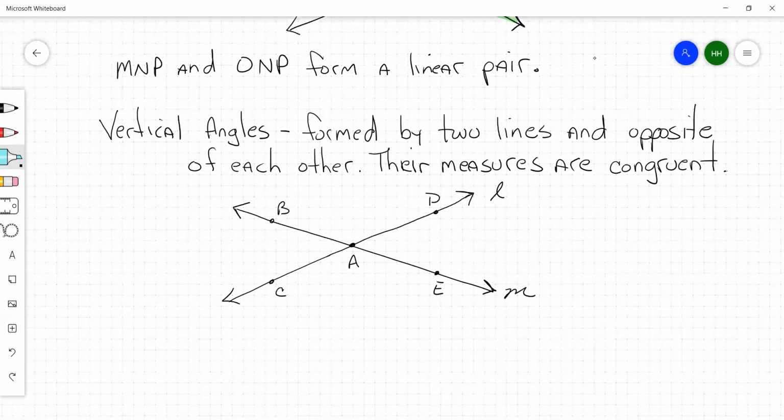One pair would be angle BAC and DAE. BAC and DAE are congruent to each other. They have the same angle measure, formed by two lines. They're opposite of each other.